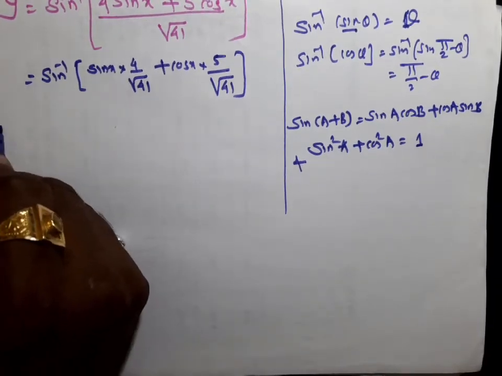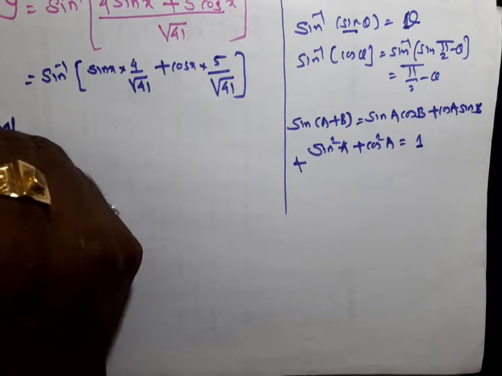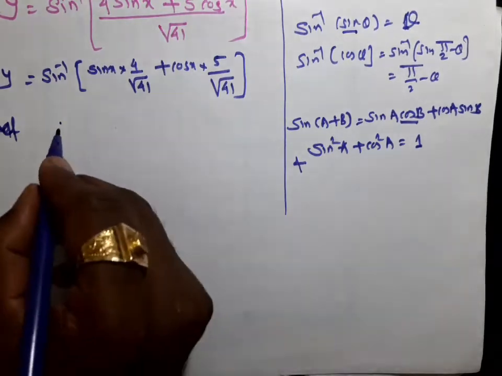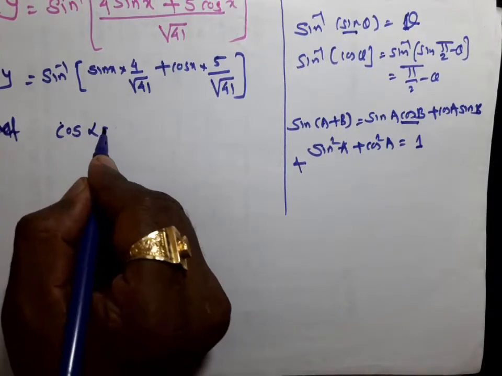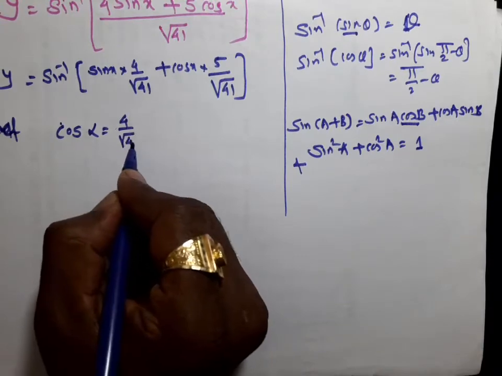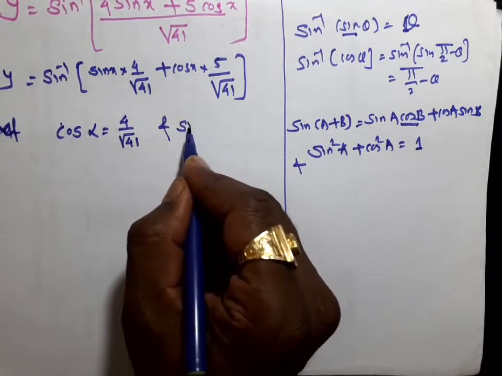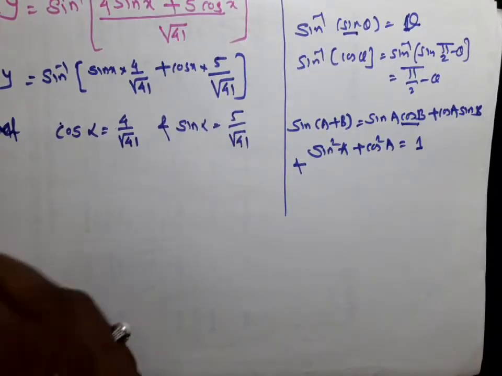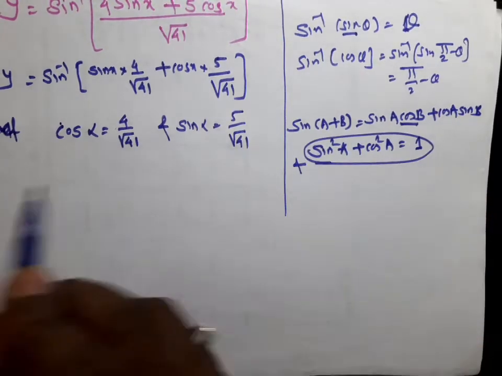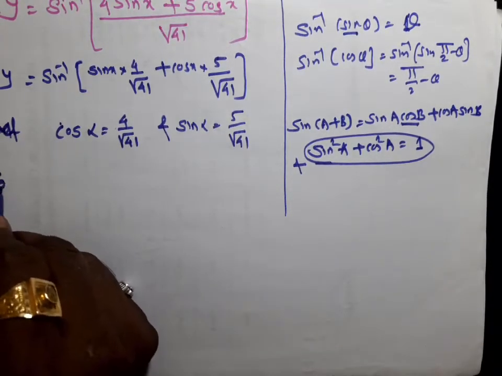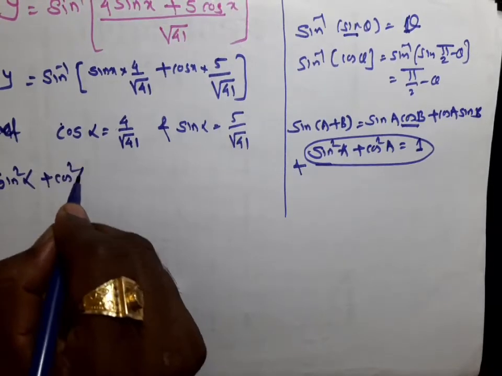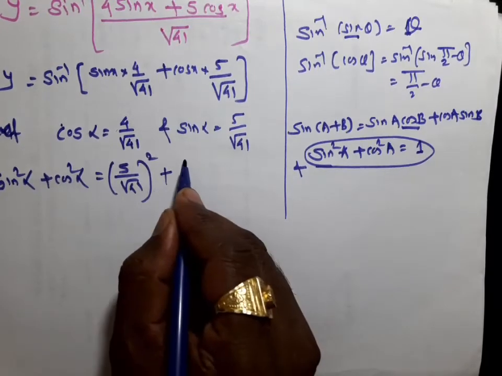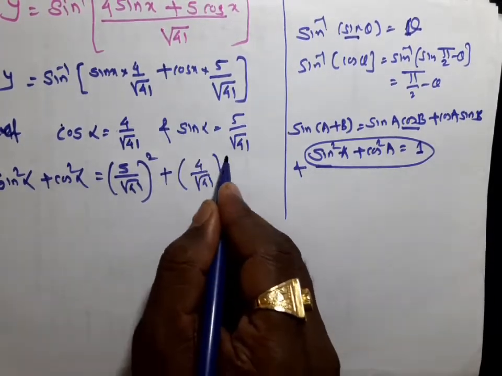Now put, let cos alpha is 4 upon root 41 and sin alpha will be 5 upon root 41. This will be valid when sin square theta plus cos square theta is 1. So therefore, sin square alpha plus cos square alpha is (5 upon root 41) square plus (4 upon root 41) square.